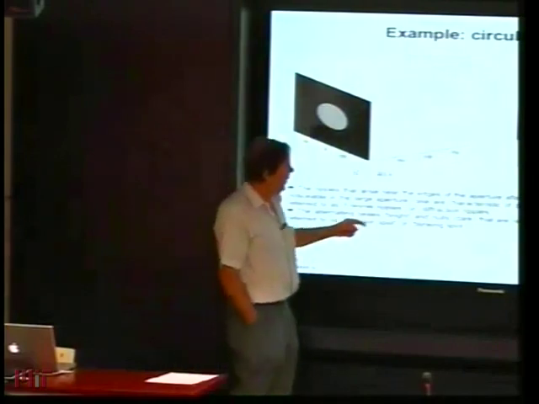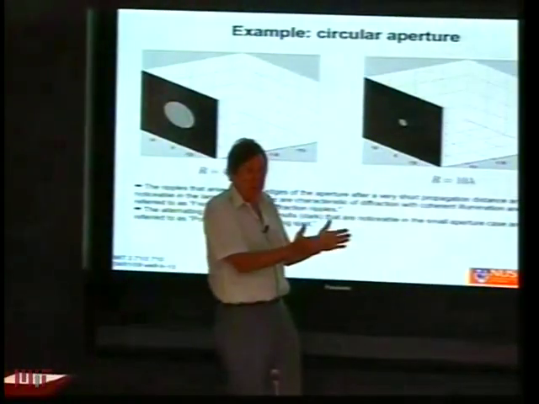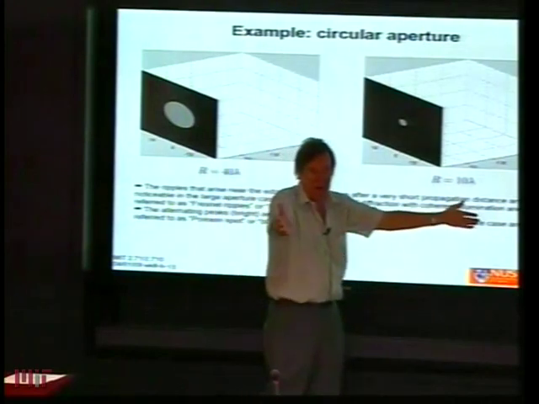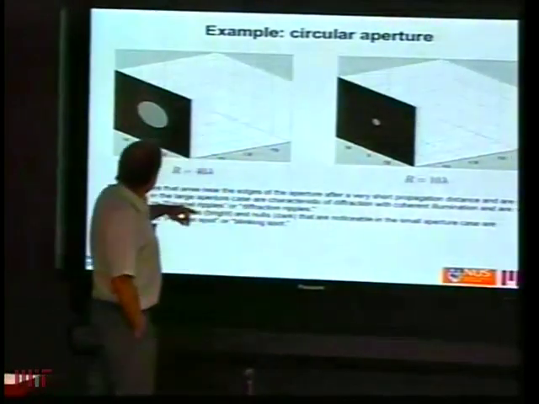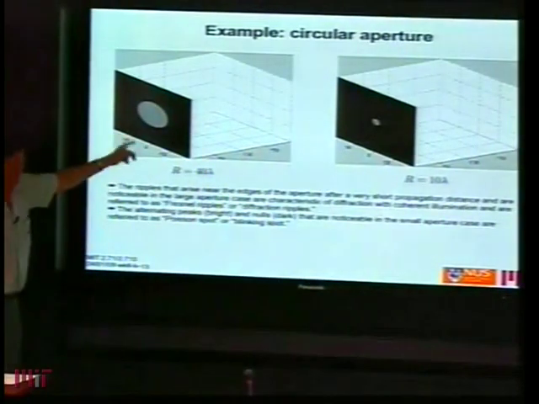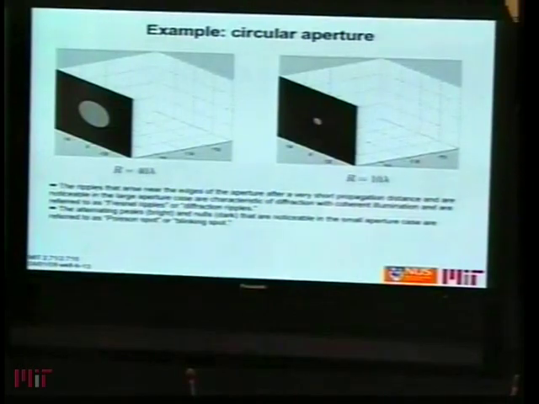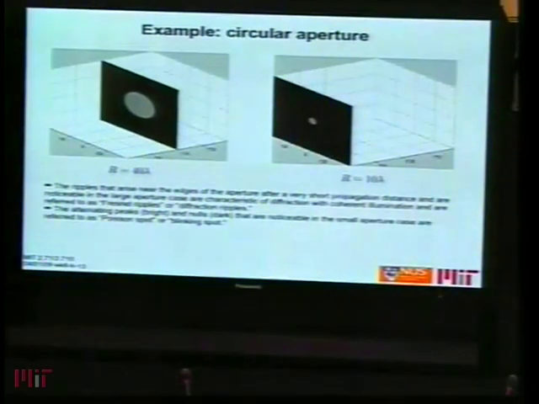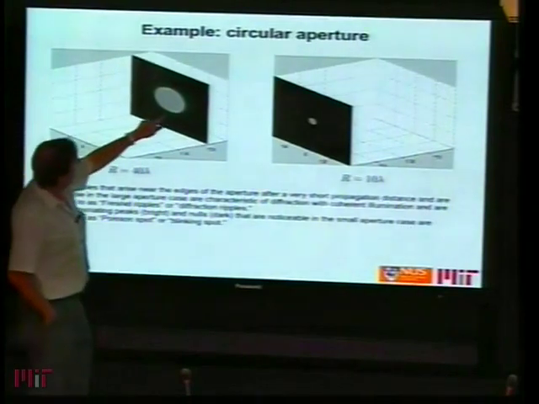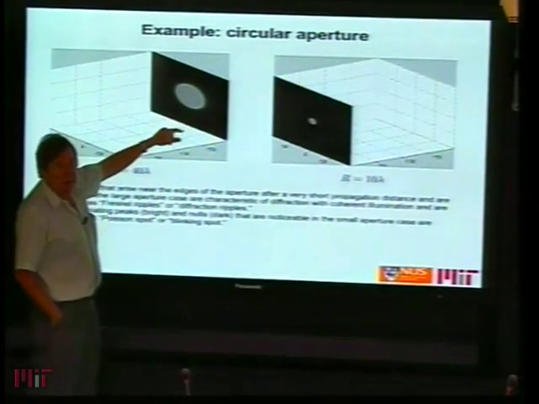When we come to this one, this is a small aperture, and as we said before, the smaller it is to start, the more it's going to spread. So you're going to see a lot more effect on that one. You have to look quite closely to see what happens as it propagates. This is a radius of 40 lambda. Now you can see some fringes appearing, and it becomes like a bright halo around the edges.